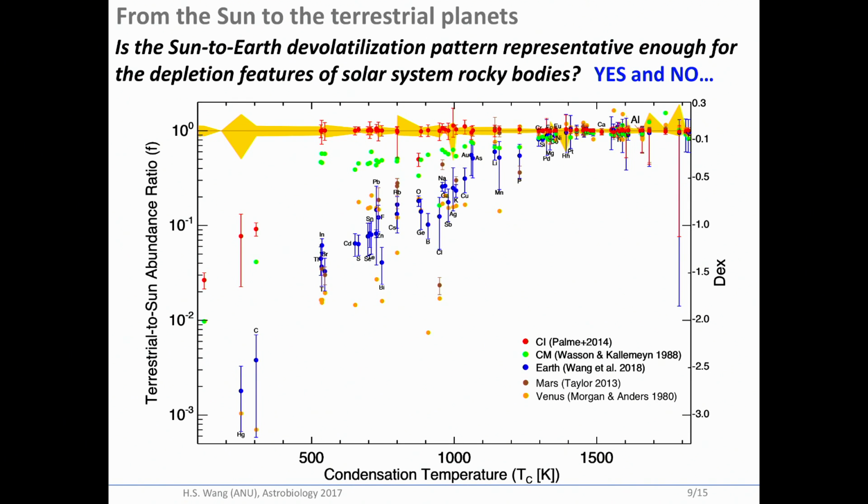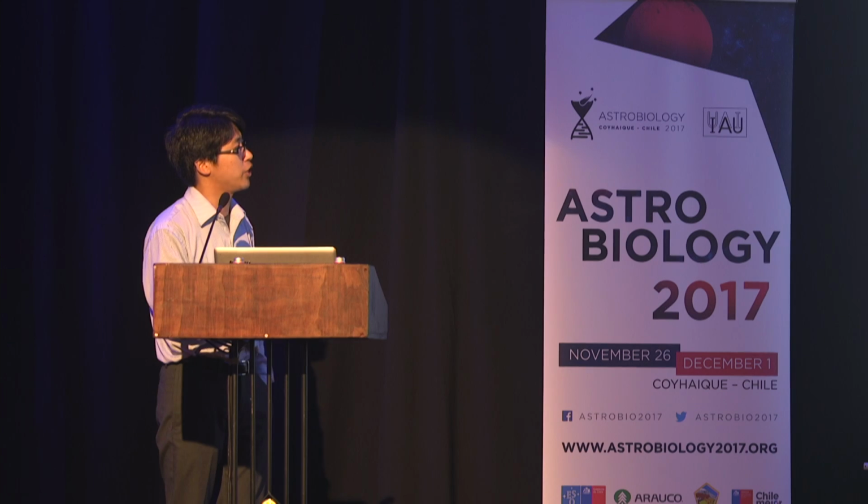And so that essentially tells us that the Sun to Earth devolatilization pattern is still fair enough to represent the first order devolatilization from the proto-Sun to the terrestrial planet, including this variation.